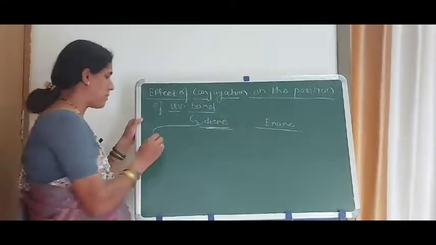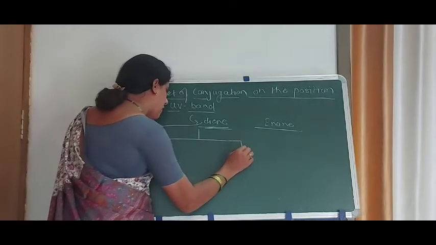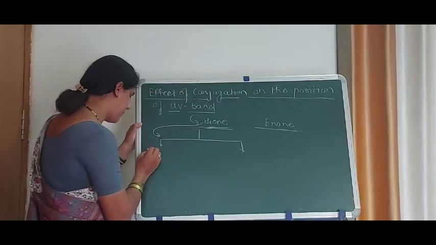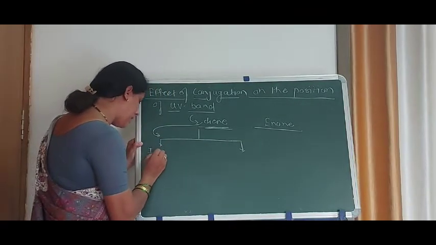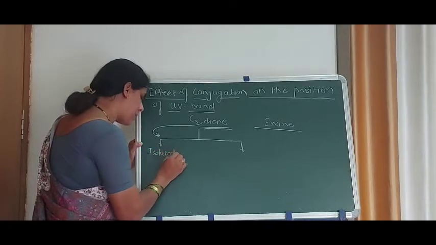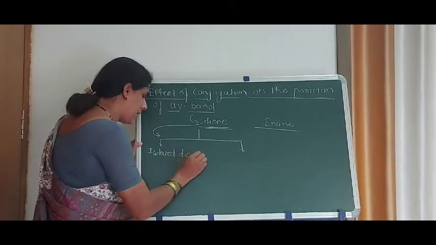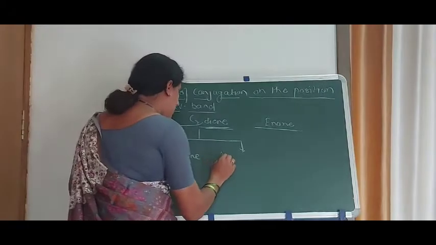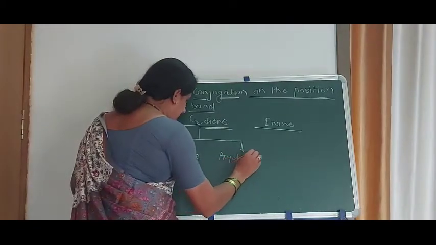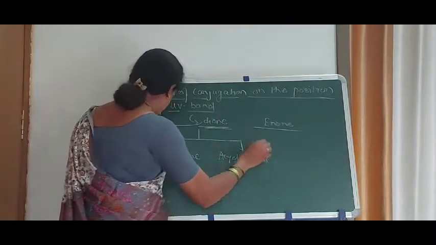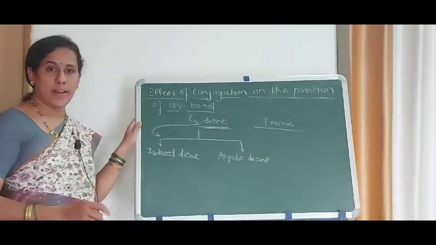Dienes are of two types. First is isolated dienes, and second is acyclic dienes. What is meant by isolated dienes?